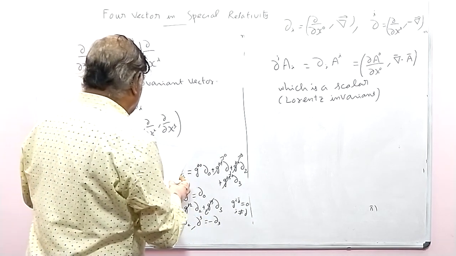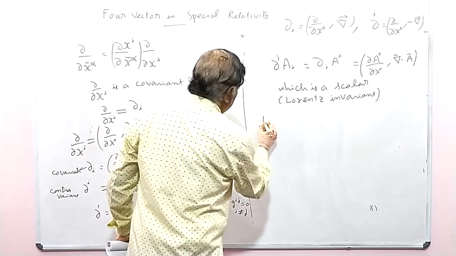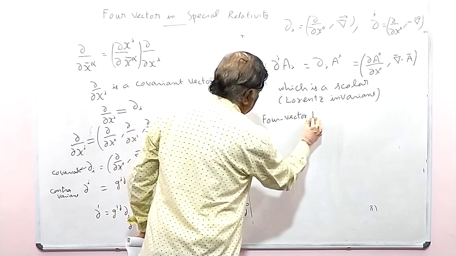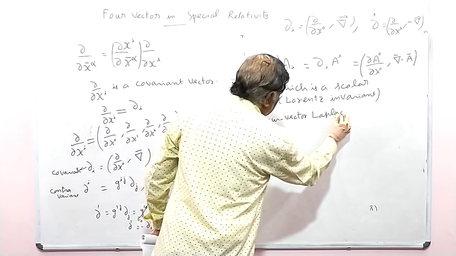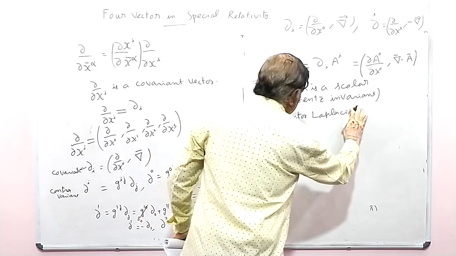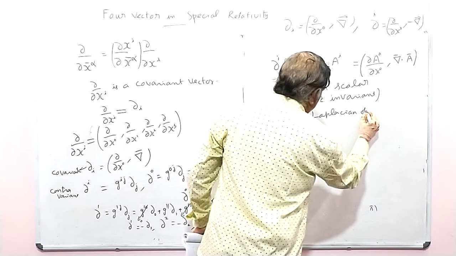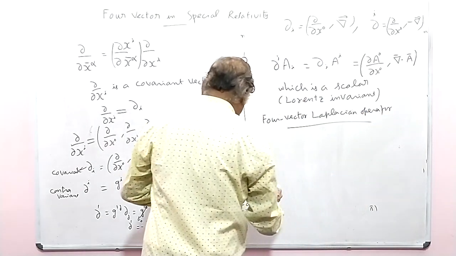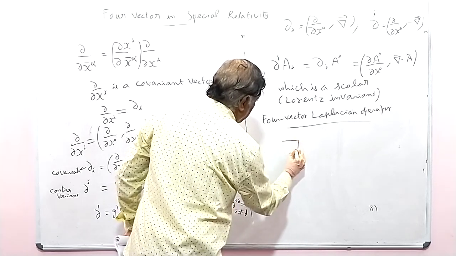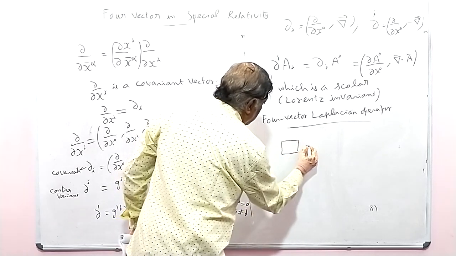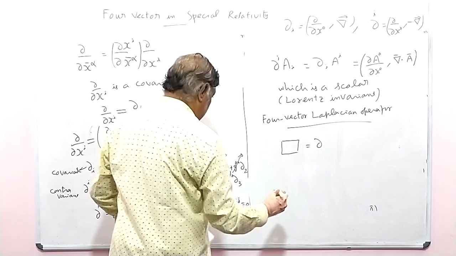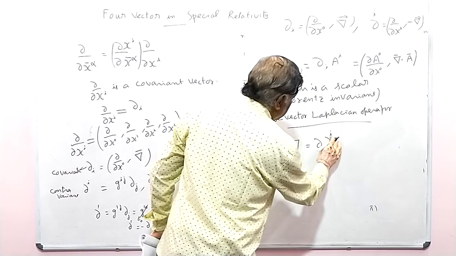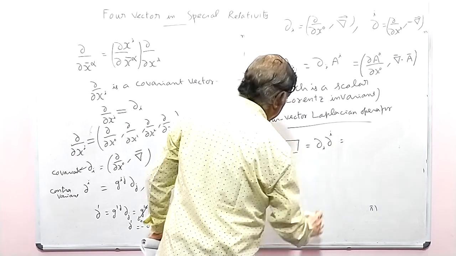Now the Laplacian operator, the 4 vector Laplacian operator. This is an operator, d_i d^i, where the subscript is a covariant vector and the superscript is a contravariant vector.